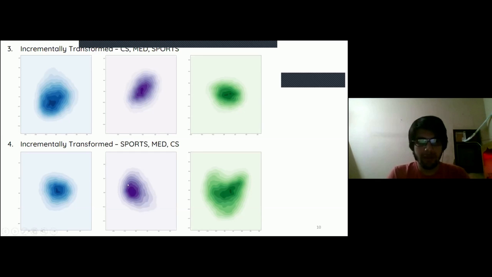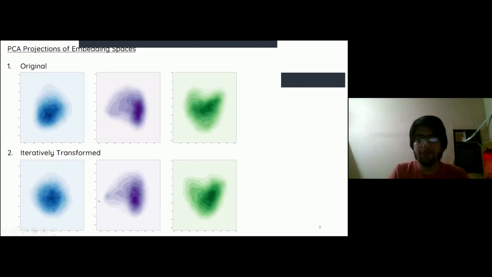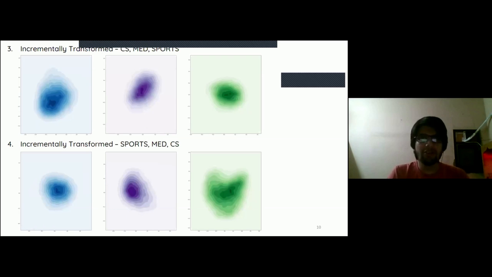But the rest, these two and these two, you can see that the shape is entirely different from the original projections, which is not really desirable and can lead to inefficient results. So that is why we decided to follow the iterative approach only.